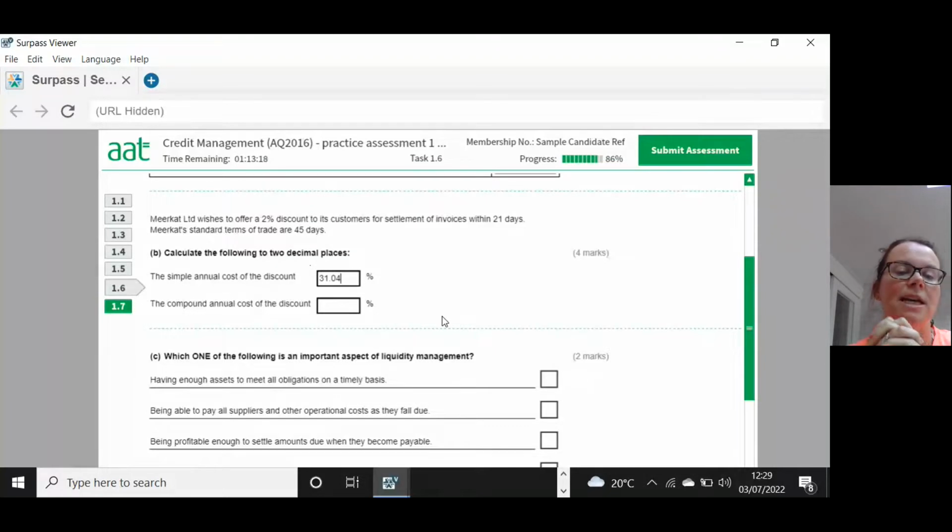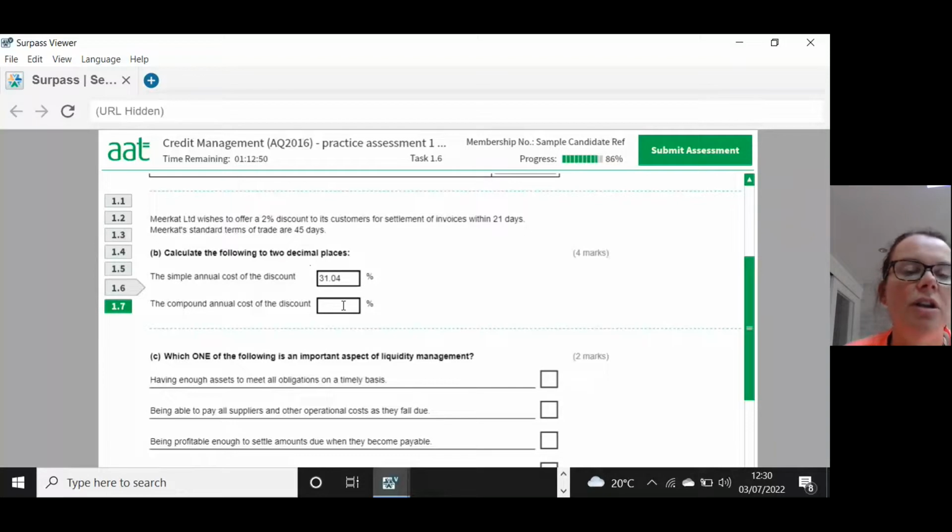The compound annual cost of discount, this is the more tricky formula. So the formula where you do 1 plus D divided by 100 minus D, raised to the power of 365 over capital N minus capital D, and then minus 1 times 100. So this is the one you've really got to practice with your scientific calculator.